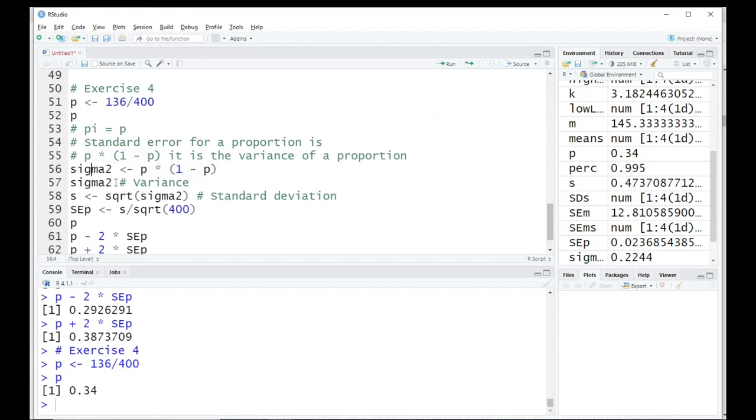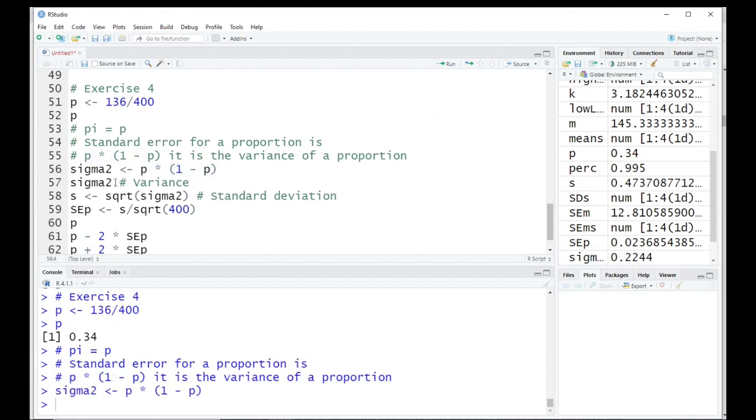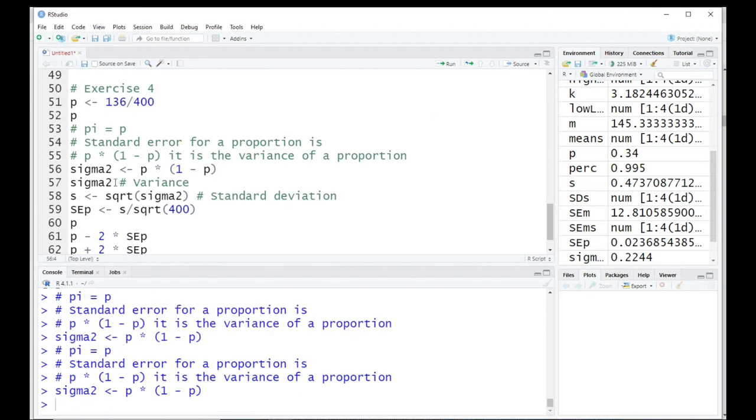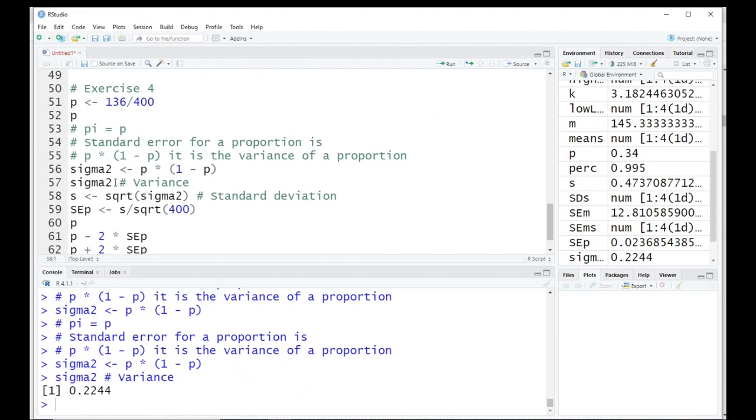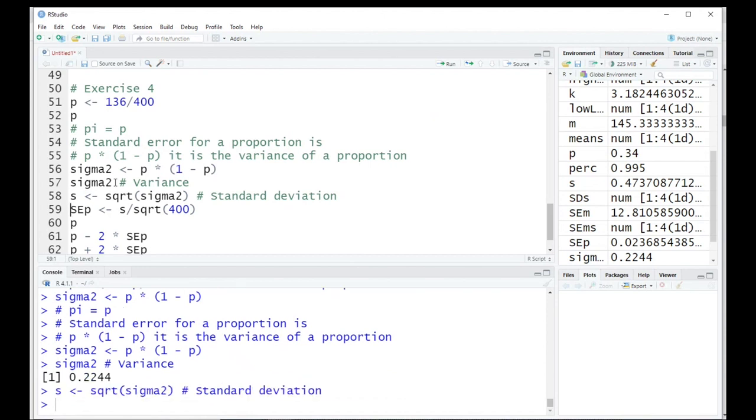So we calculate the variance. We proceed the same way as before. We take the square root of the variance and we obtain the standard deviation. We divide the standard deviation by the square root of the number of replicates. In this case, we had 400 replicates. And we get the standard error for the proportion.